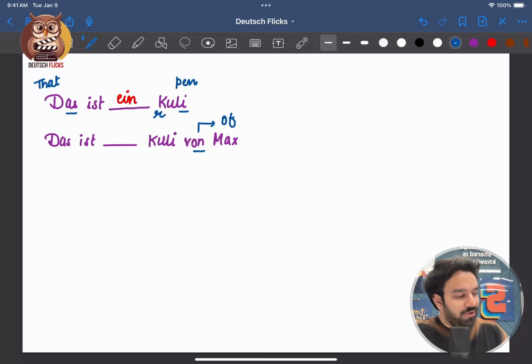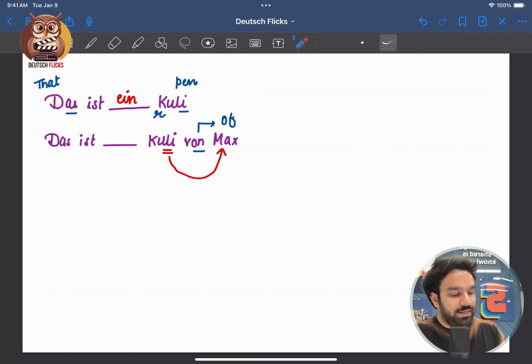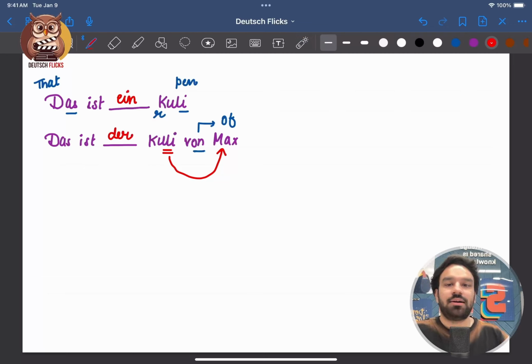I have defined that this is not a normal pen in the world. It belongs to Marx. So I have defined something specific, particular, defined. We will go with the definite article. Kuli is masculine in German, so for masculine, it is called der. Das ist der Kuli von Marx. That is the pen of Marx.